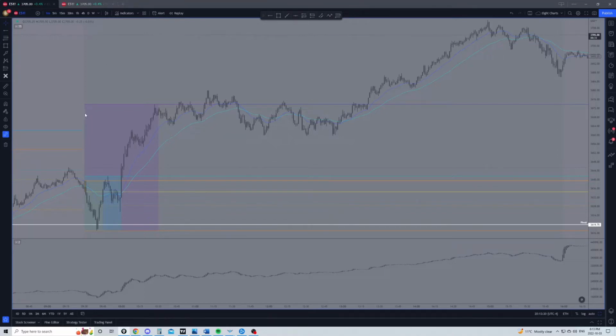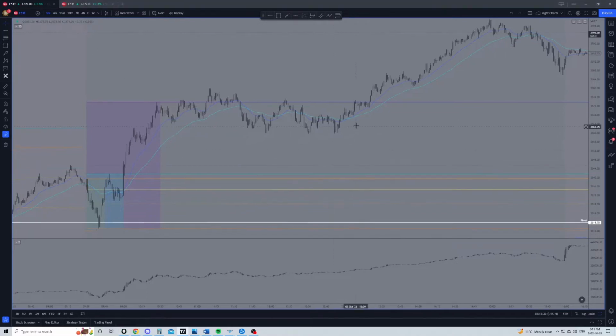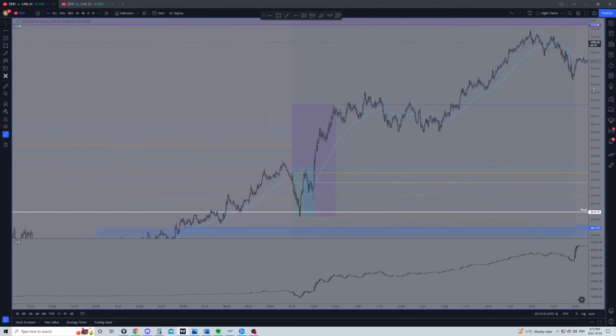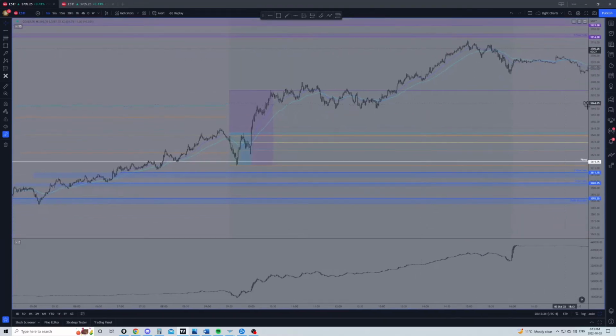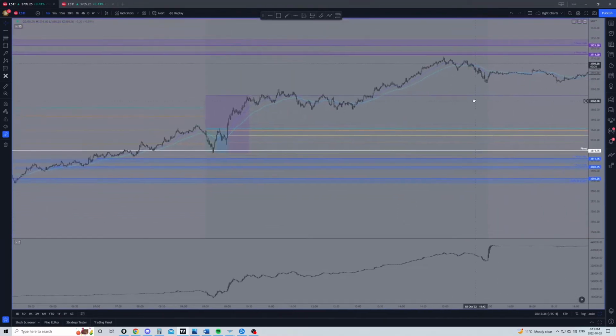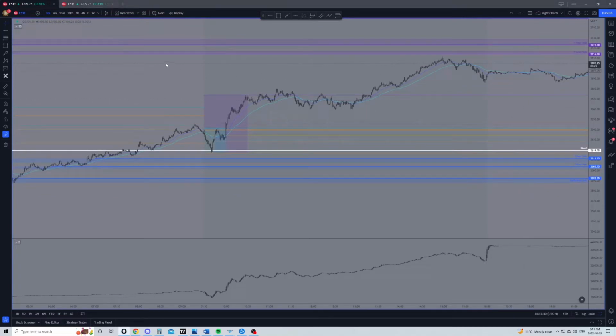If you had a range of, let's zoom this out. Let's say you had a range from 3,700, and this is going to be very rough, all the way down to 3,540 or even 3,500, okay?